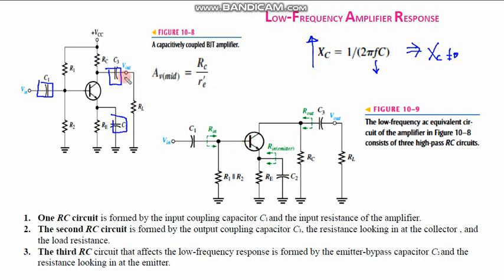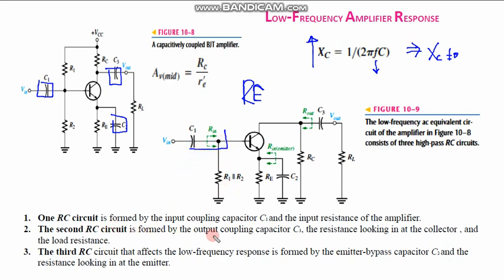So because of this significant reactance, you would have formation of three RC circuits. One RC circuit is formed by the input coupling capacitor C1 and the input resistance of the amplifier. So one RC is basically over here. This is your first RC.